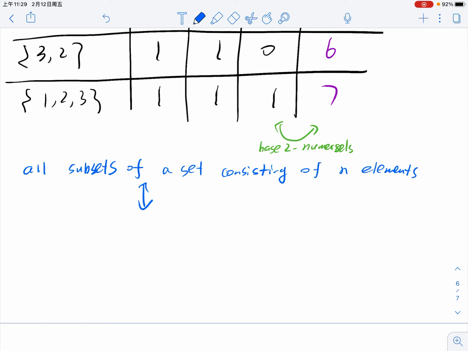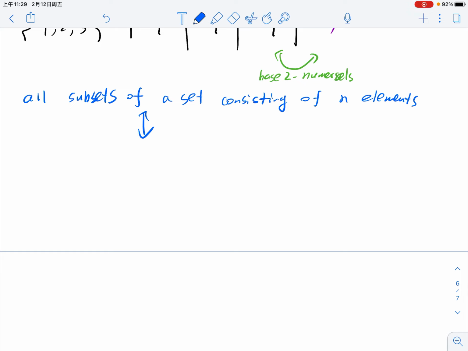has a one-to-one bijection to base 2 digits. Here you have n positions, 0, 0, ..., 0, and all the way to 1, 1, ..., 1, which is also n positions.